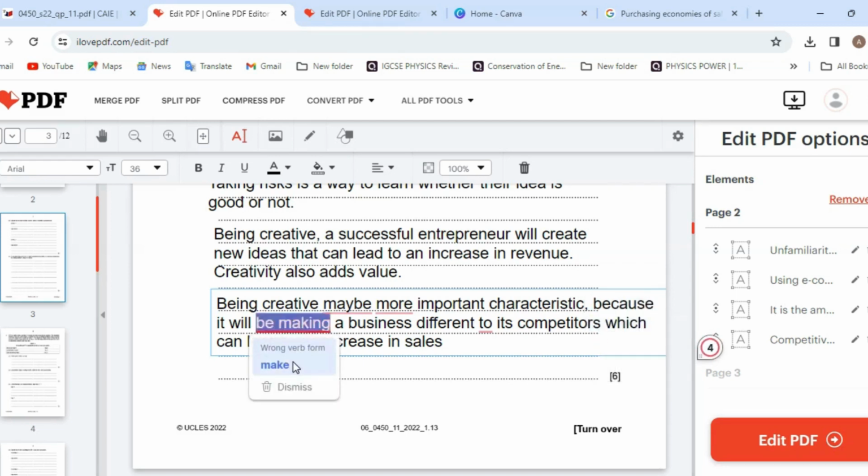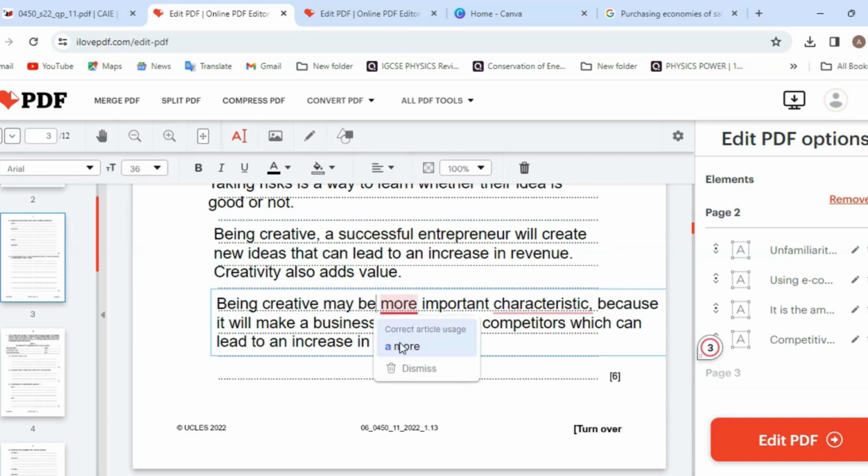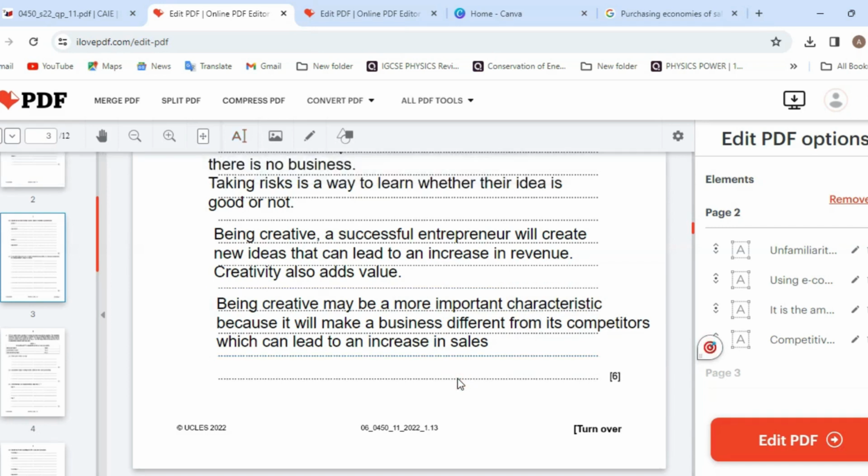Yes, being creative will create a new idea that can increase your revenue, can also add value to your business too. Then you might have to charge a high price that will lead to an increase in your revenue.